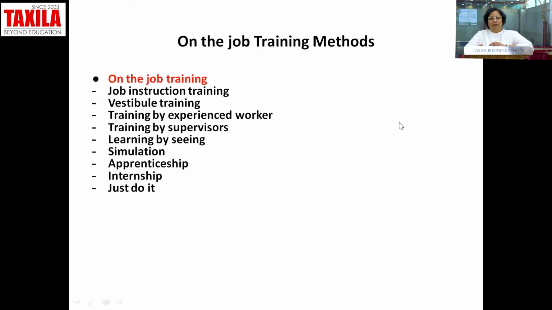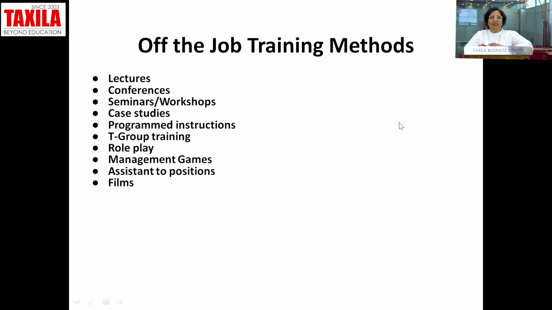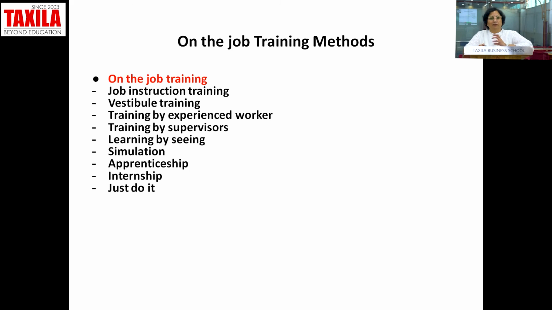Right? And on-the-job training methods, there are many training methods which are used for on-the-job training. I have taken a few. Job instruction training. Under this method, what happens? Instructions for a particular job are already given to the candidates.